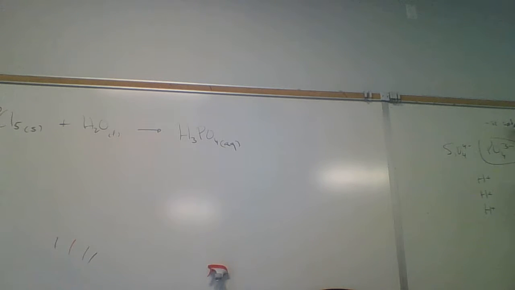Ic acid means the anion was ate, so this is going to be phosphate, phosphoric acid, phosphate. Hydro-ic means the anion must not be ate. We only have 2 more choices. It's either ite or ide. Which one is it?